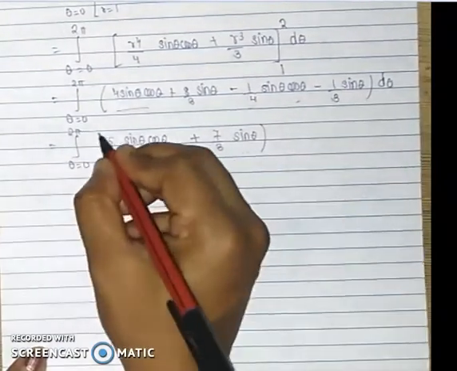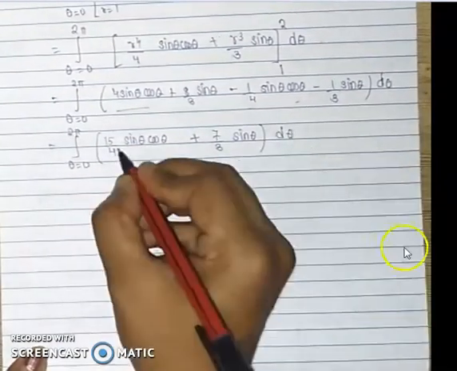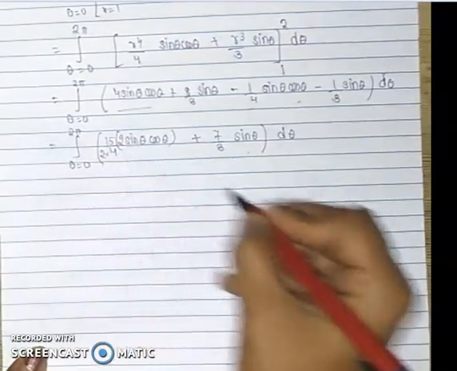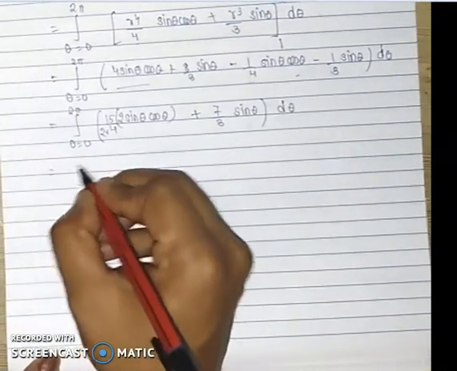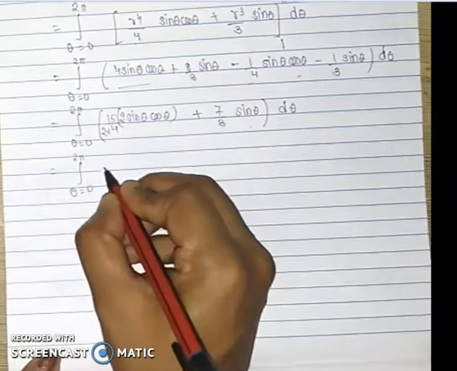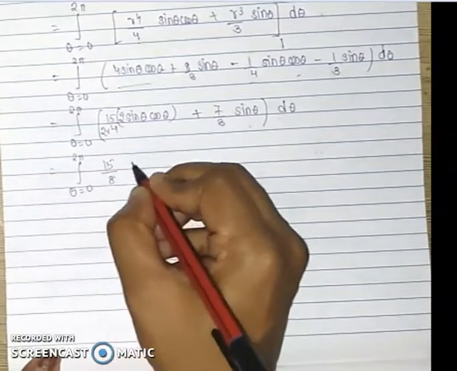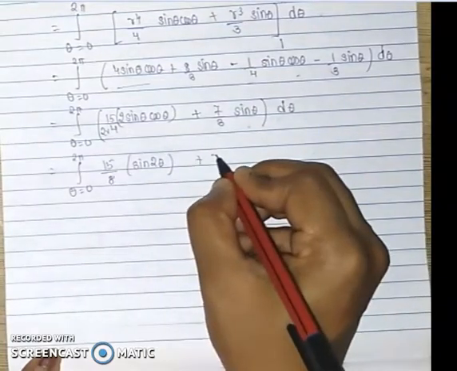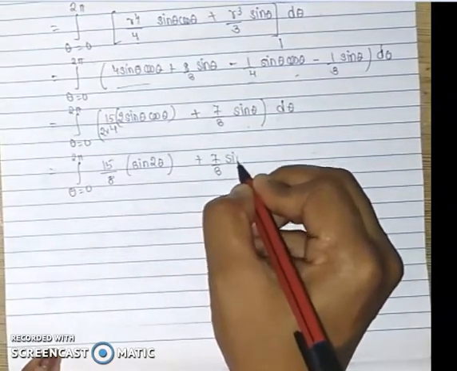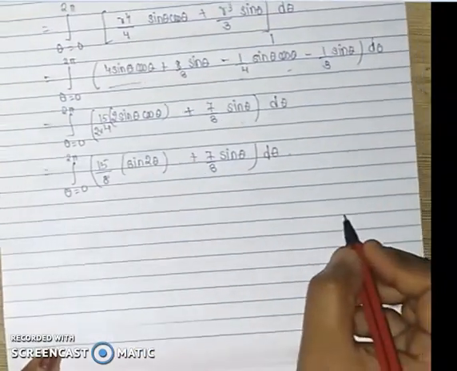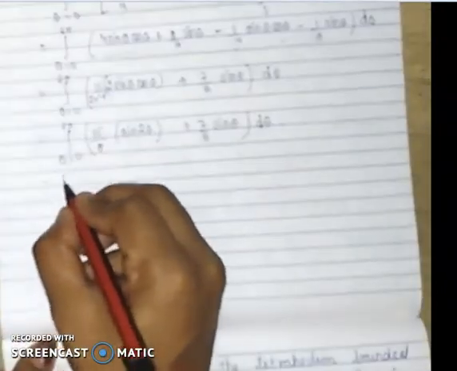Now sin theta integration will be minus cos theta. Here if you see, you have sin theta cos theta, which multiplied and divided by 2 gives me sin 2 theta. So the integration becomes easier. Now the only integration remaining is with respect to theta, which I hope you can manage.